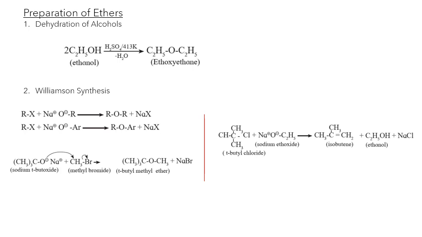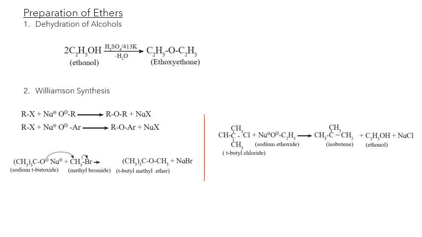Thus, C2H5OH on dehydration with concentrated H2SO4 gives C2H5OC2H5 at temperature 413 Kelvin, and the same reaction at temperature 443 Kelvin gives ethene.